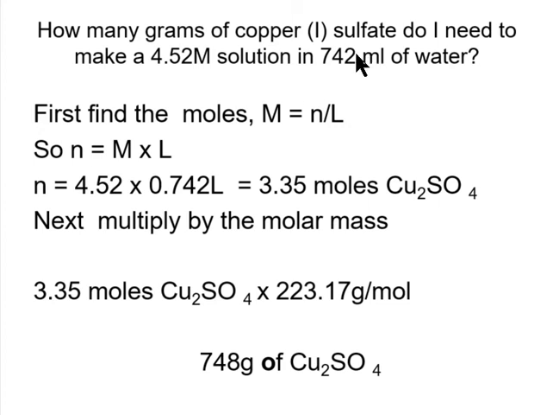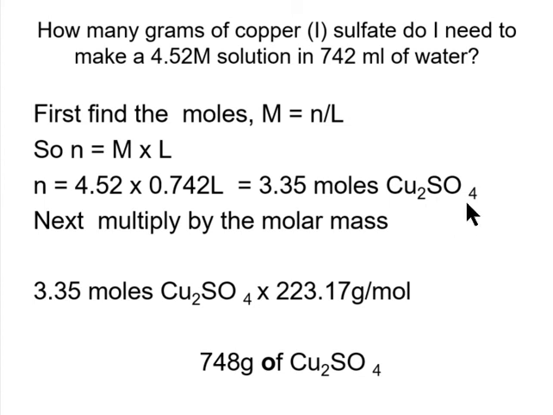I need to divide it by 1,000 in order to get liters, so dividing by 1,000 makes me move the decimal 3 places, and you'll notice that it's 0.742 liters times 4.52 molarity, and I get 3.35 moles of copper 1 sulfate.